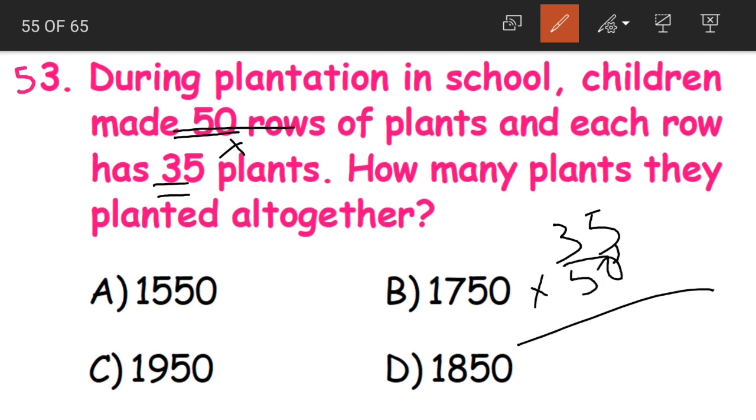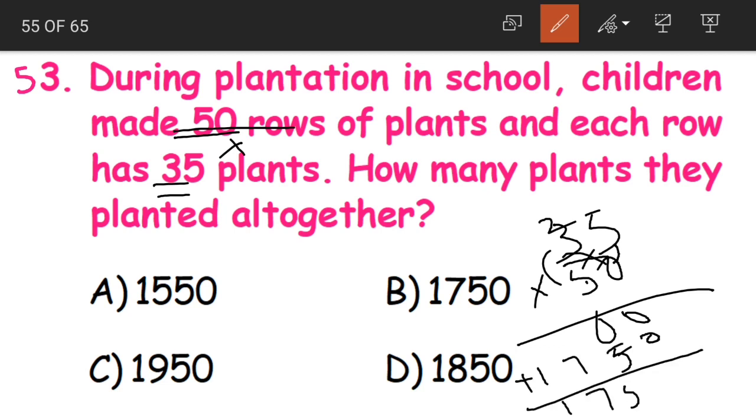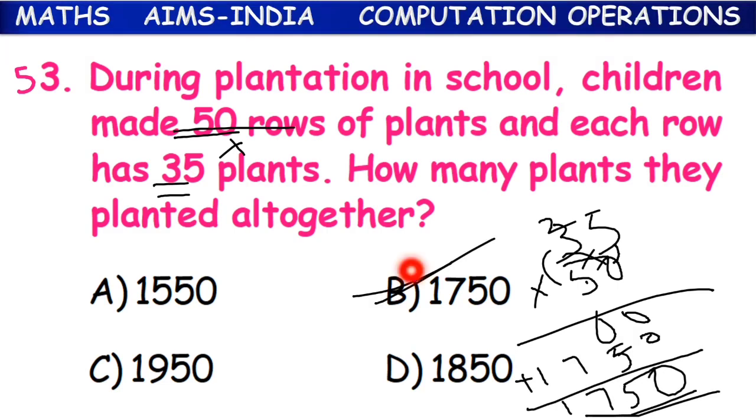So 0 5s are 0, again 0 3s are 0, new line, first place 0. 5 5s are 25, 2 carried, 5 3s are 15 plus 2 is 17. What is the product, children? 1750. Option B. 1750 plants were planted.